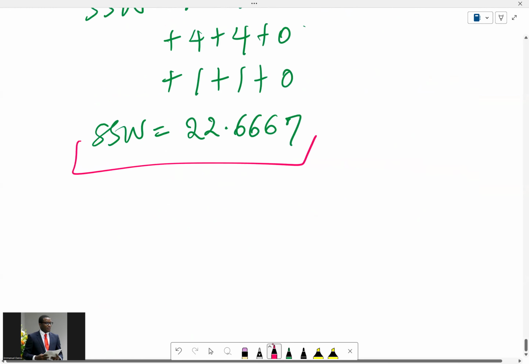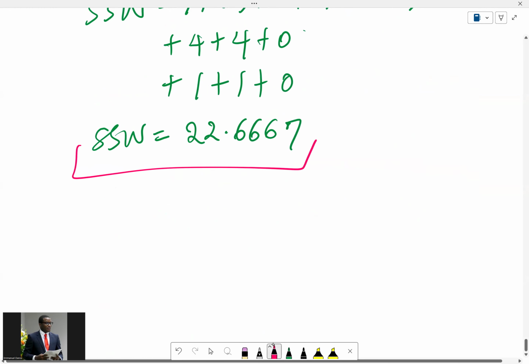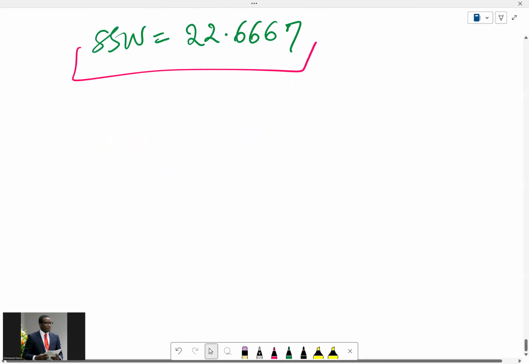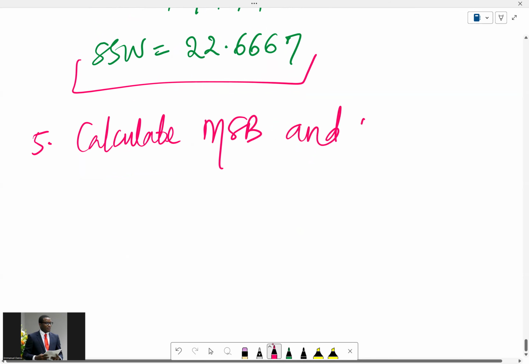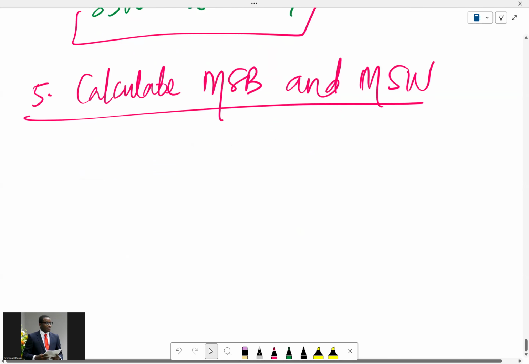Now we have calculated SSB, we have calculated SSW. I believe those are the hardest parts. The other parts are simpler, so to speak. So you can now calculate MSB and MSW. These ones are easier. We just need the degrees of freedom now.